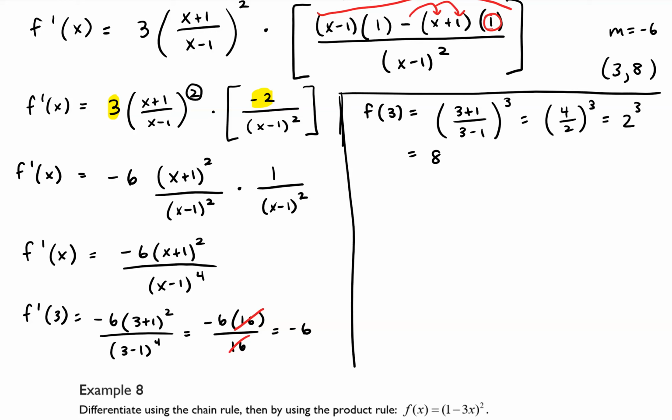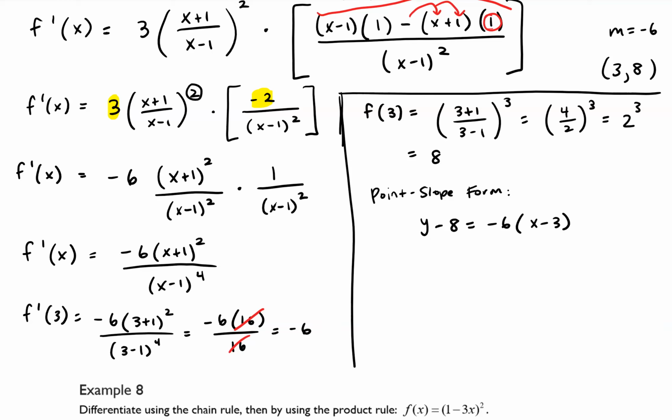So if I want to use the point-slope form, then my line is going to be y minus 8 equals negative 6 times (x minus 3).